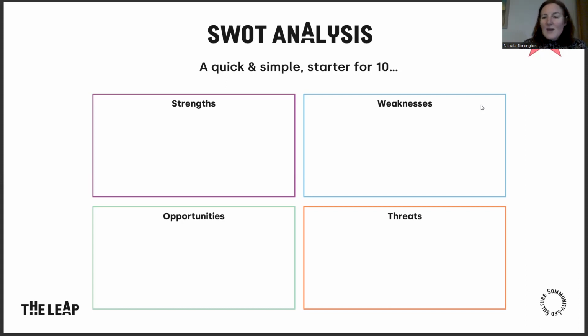So if you try nothing else, the first quick, simple starter for 10 is having a go at a SWOT analysis. It just helps you clarify your idea and start to be able to communicate the benefits of it with others, as well as help you spot where you might need some help, where you might need some support, and then you can start to think about where you can go to access that.